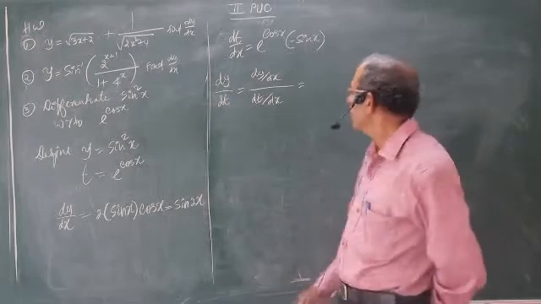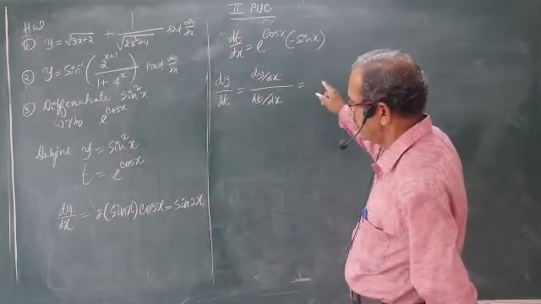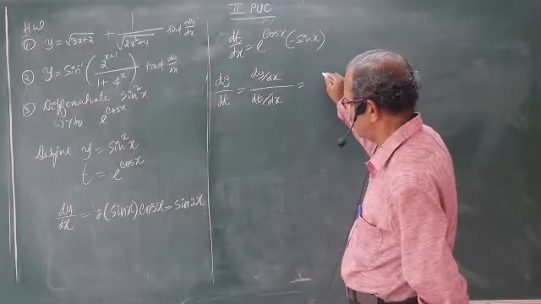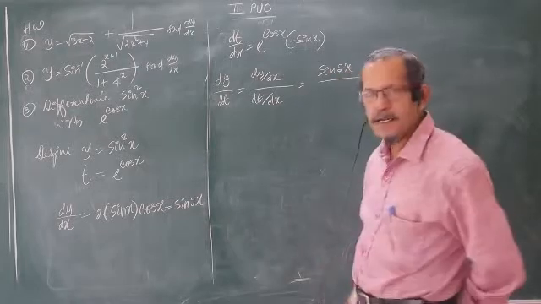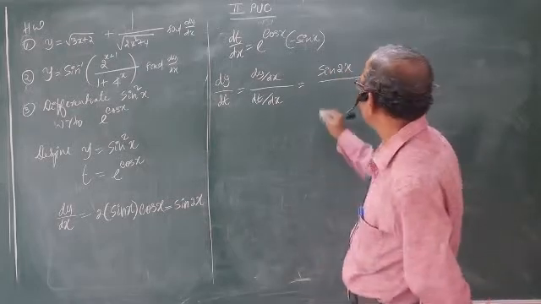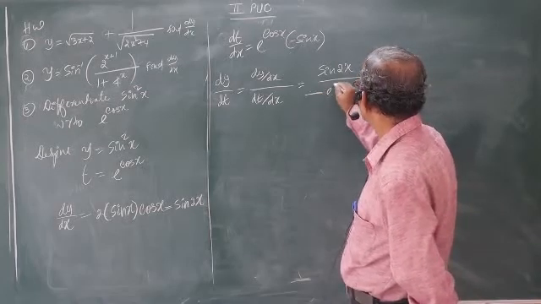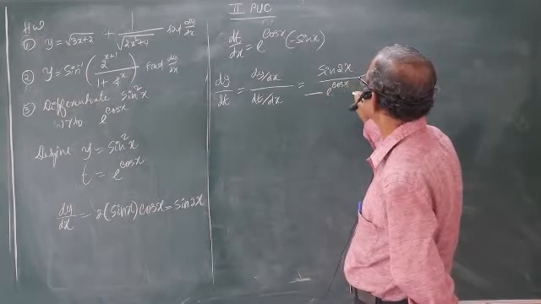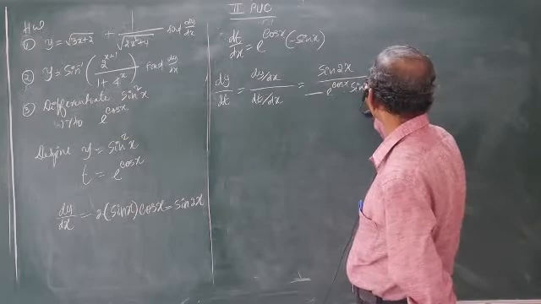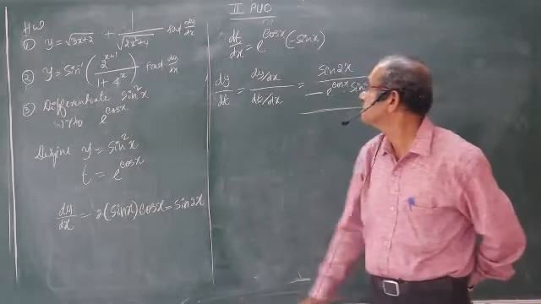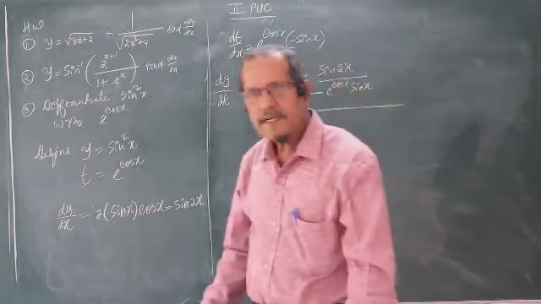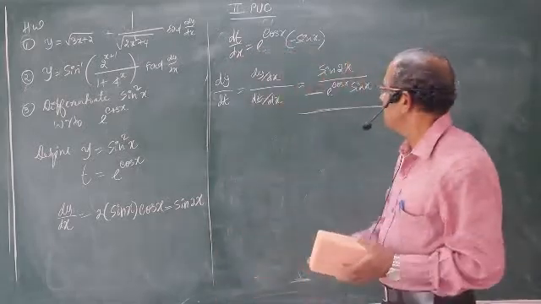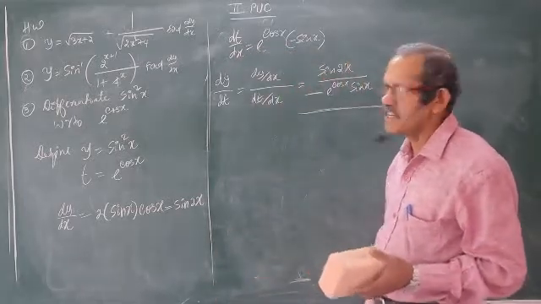That's all. The answer is dy by dx, sin 2x, divided by dt by dx, minus e to the power cos x into sin x. Derivative of the function is over. Actually it is parametric differentiation.